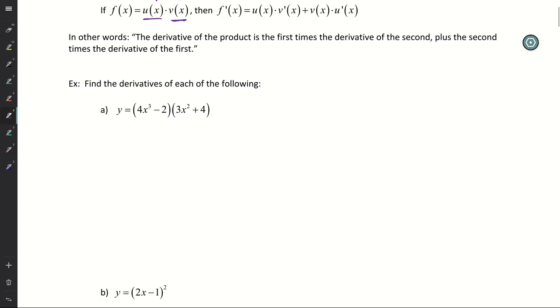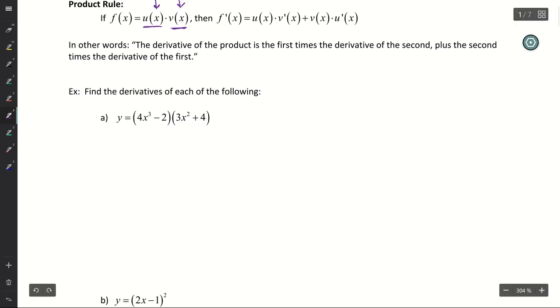So let's look at using the product rule to find the derivative of this first function. You notice, first of all, that this is a product of two binomials. Now, we're going to run into situations where we don't have just one way to find a derivative. I want to exemplify the product rule, so I'm specifically going to use the product rule here.